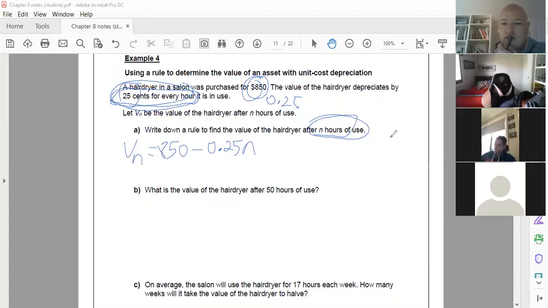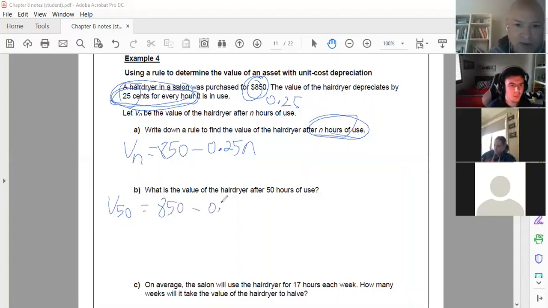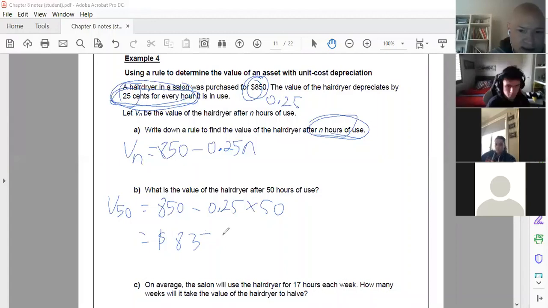All right. What is the value of the hairdryer after 50 hours? Okay, so we want value after 50 hours because N stands for number of hours. So we got 850 minus 0.25 times 50. Okay, just work that out on your calculator and see what we get. And I got $837.50.